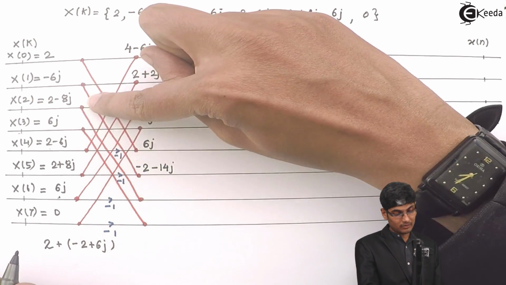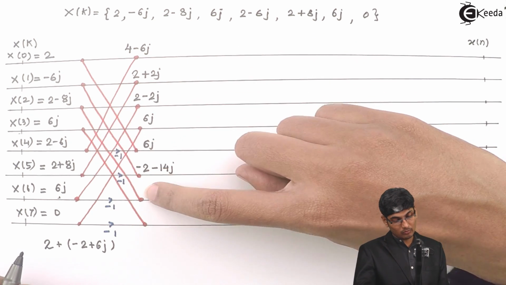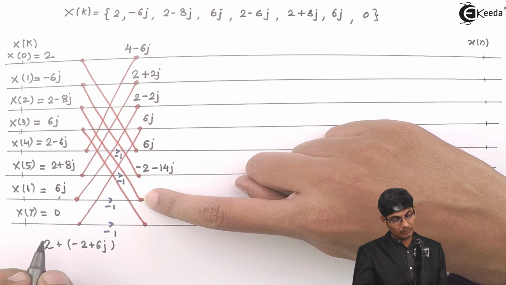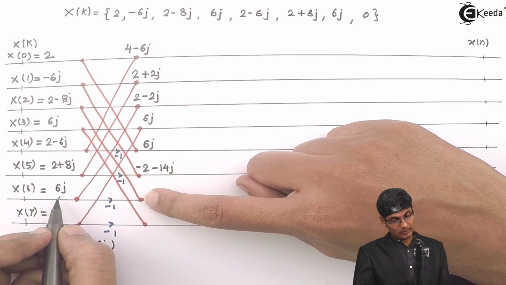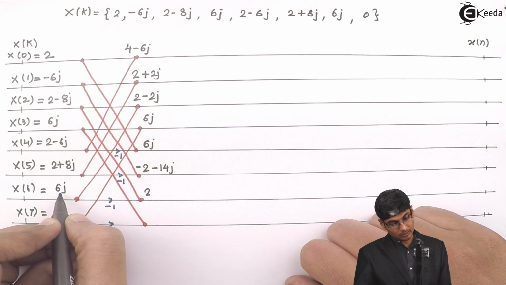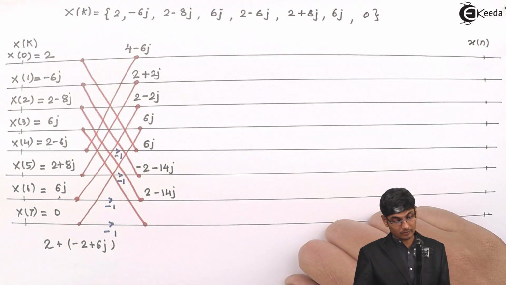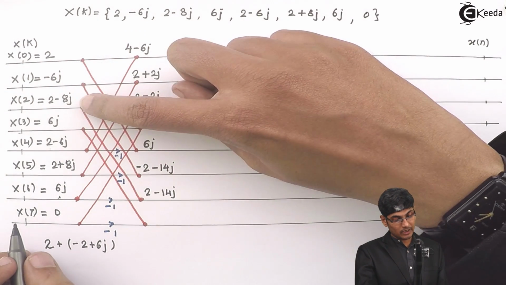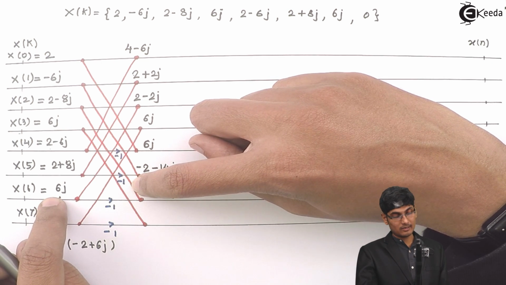Next, we will have 2 plus 8j, 2 minus 8j coming from here, and 6j over here becomes minus 6j. Then that gives me 2. This becomes minus and minus, so it will be minus 14j. Correct? We are going to get 2 minus 8j, and then from here we are going to get minus 6j.